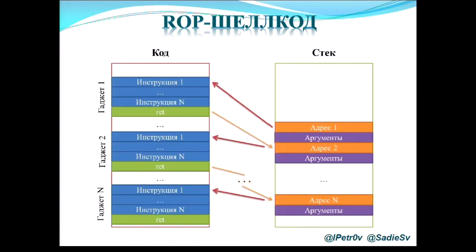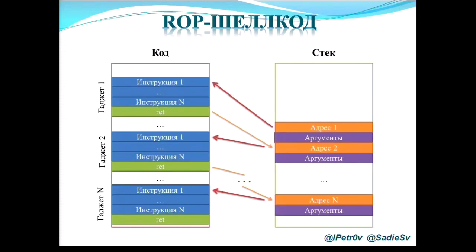Then we put a number of addresses of those instructions to which we have to transfer the control. And when the ret has been called, it will pull from the stack the address of the next instruction. Therefore, from these small pieces of system library functions before the return address, we will have the malicious code built, and that's how it works.